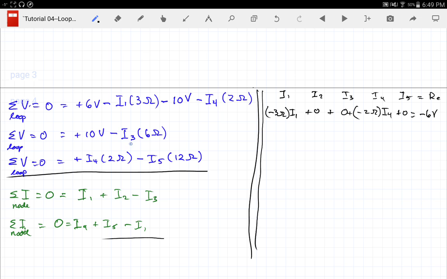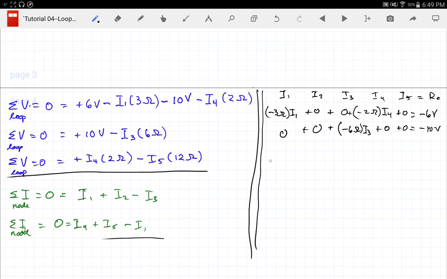Second equation, the only thing it has on the one side is I3, so it's going to be 0 plus 0 plus a parenthesis minus 6 ohms, I3 plus 0 equals, move the 10 volts across, minus 10 volts.